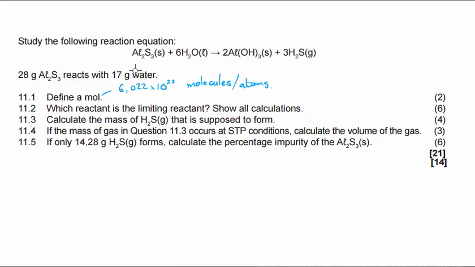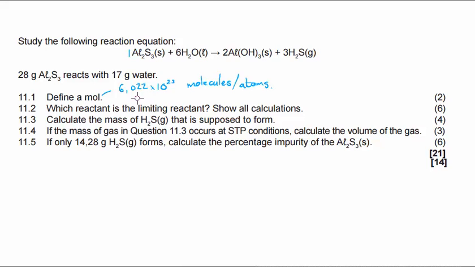Okay, notice here. Every 1 mole of this must react with 6 moles of that. So the question is, how many moles of aluminium sulfide do I have? How many moles of water do I have? Do I have 6 times as much water in terms of moles?